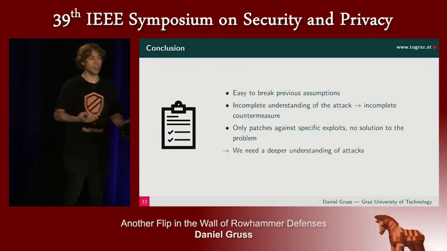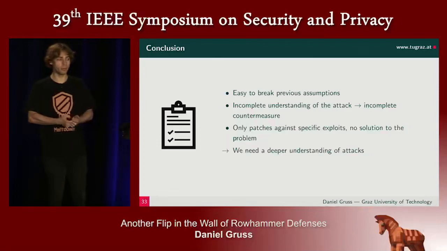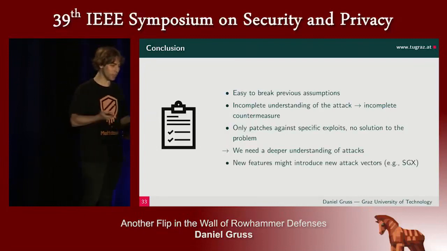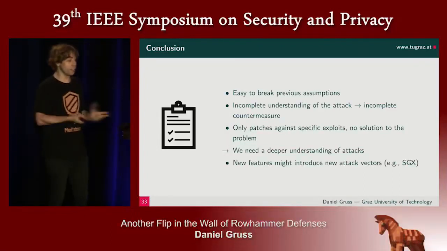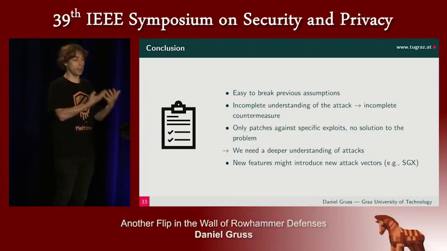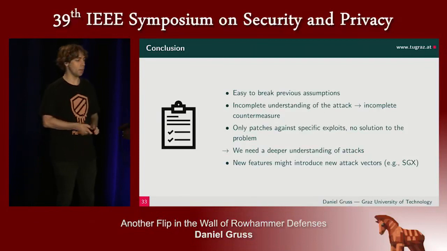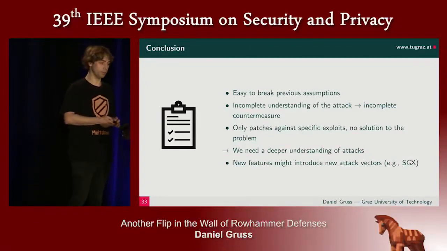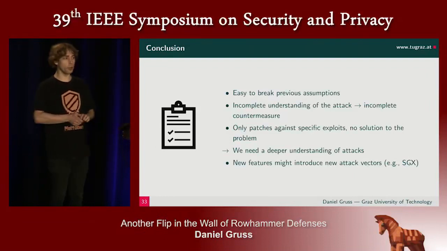So attacks that were once not possible because the boundary was chosen wisely might become possible in the near future. And also, new features might introduce new attack vectors, especially the combination of SGX and Rowhammer here allows to change the nature of the attack quite a bit. Thanks for your attention, and I'm looking forward to discussion.